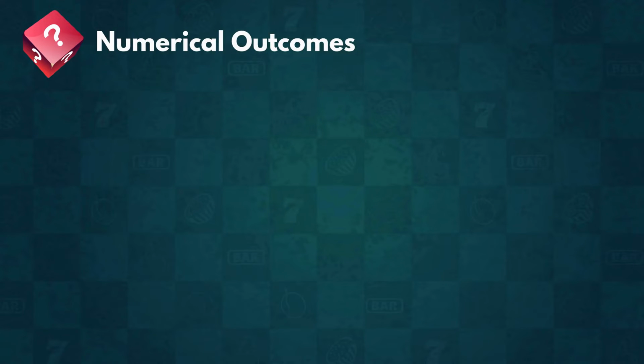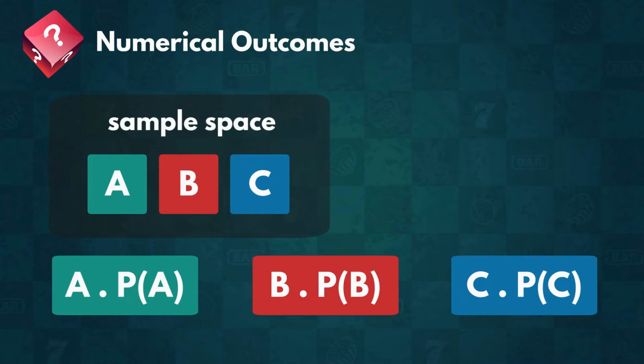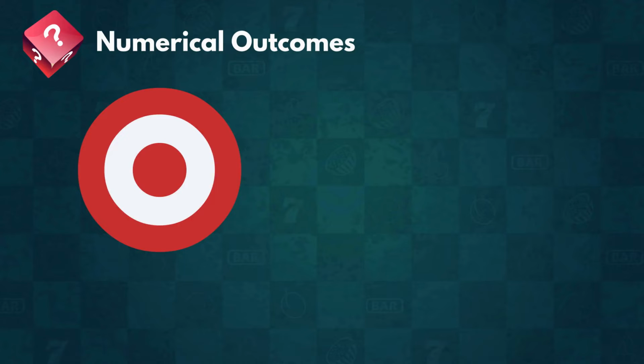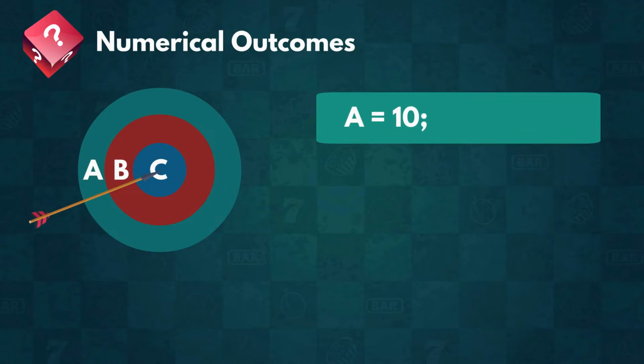Now, for numerical outcomes, we use a slightly different formula. We take the value for every element in the sample space and multiply it by its probability. Then, we add all of those up to get the expected value. For instance, you are trying to hit a target with a bow and arrow. The target has 3 layers. The outermost one is worth 10 points.